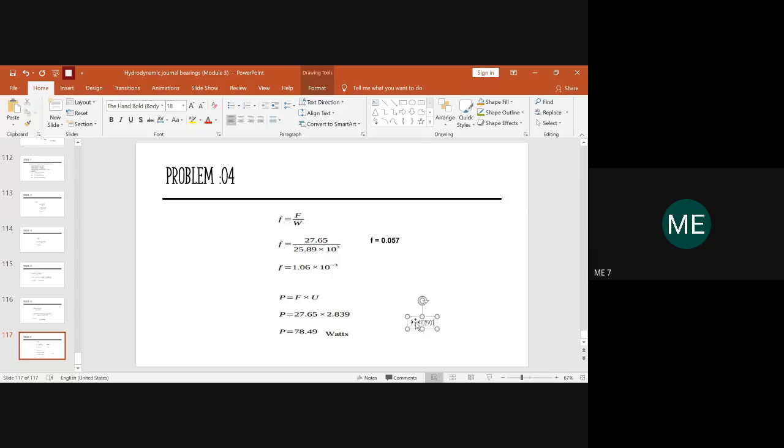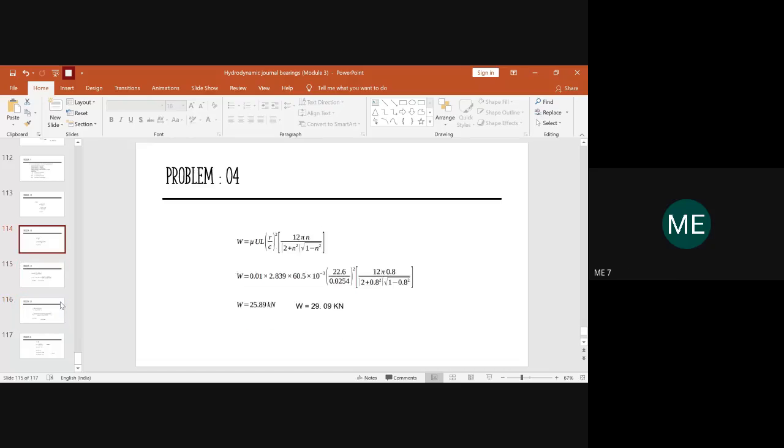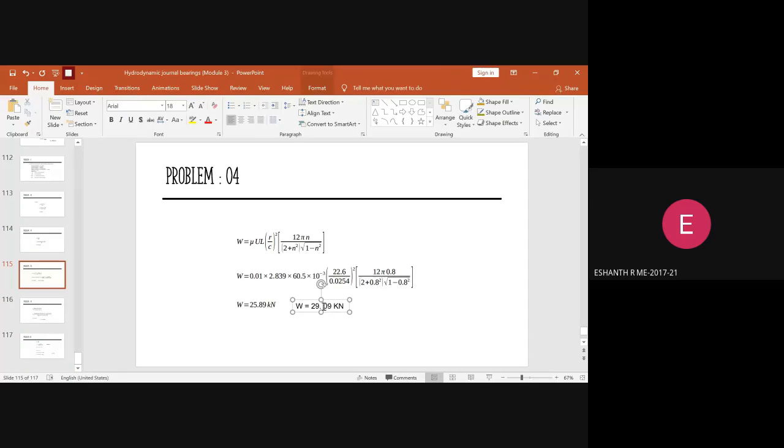Okay, let me see what this variation is about. Ma'am, the W value is correct, it is 25.89 into 10 power 3 itself. So what you told initially is correct, 25.89 kilonewtons. Okay.